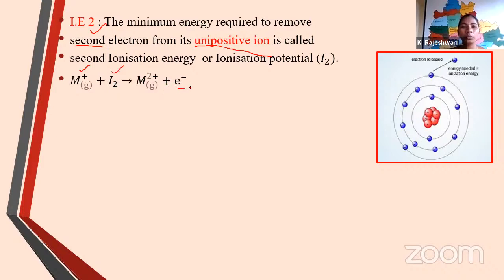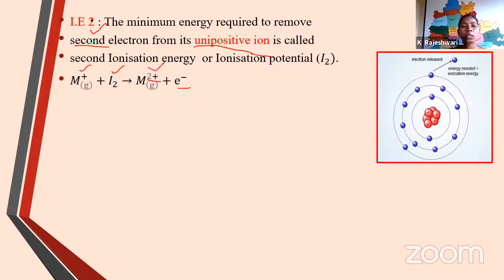As a result, it loses one more electron. It already has one electron lost, meaning one positive charge, a unipositive ion. Because of the loss of this electron, it gains one more positive charge. That is why there are two positive charges.